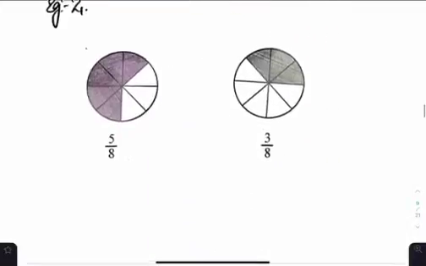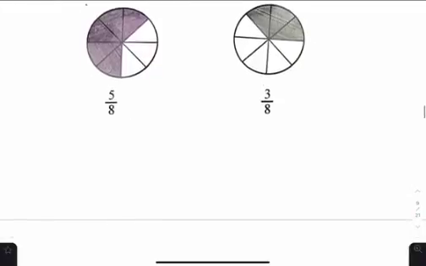Let's move on to another example. Now here also, if you observe, the denominator is the same. Numerators are different. So as per the definition, smaller the numerator, the smaller is the value of the fractional number. Greater the numerator, greater is the value of the fractional number. Here 5 is greater than 3.